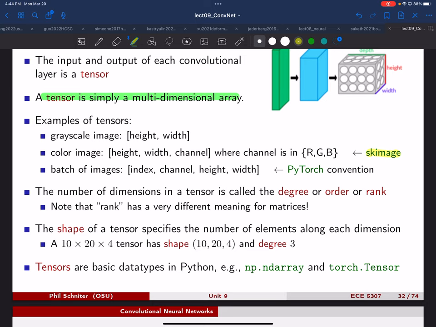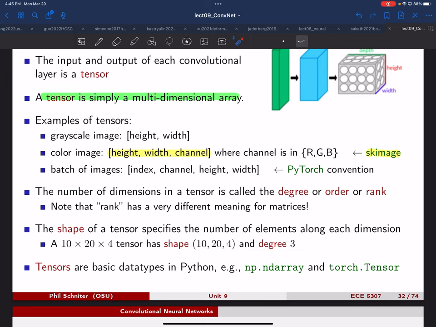Now, when you look at what's happening in skimage, it wants a different ordering convention. First of all, it doesn't work with batch elements. It's not trying to train anything, so it's not working with batches. So when you have a color image, its format is height, width, channel. Maybe this is how you start. Maybe you load in your data in skimage, and later you want to apply it in PyTorch.